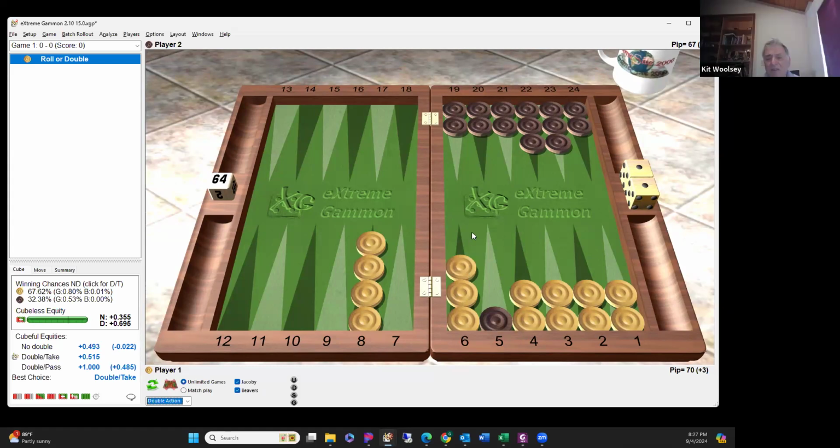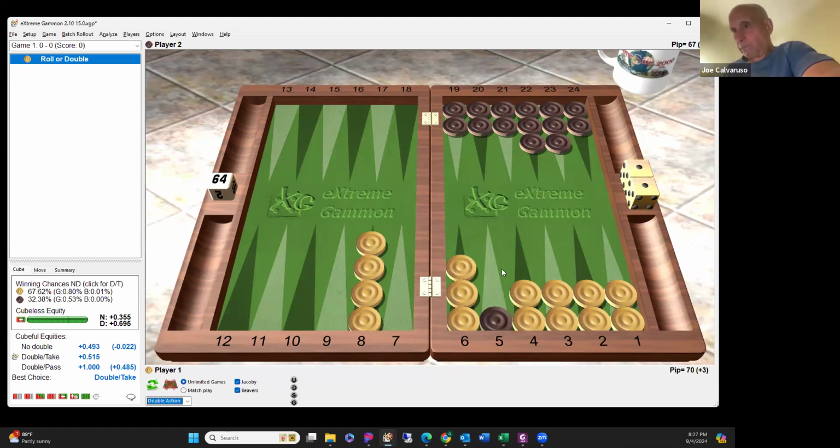The thing is, due to the open 5-point, black is significantly ahead in the race. Because white hasn't filled the 5-point, that's a liability also. If you remember the Keith count, there's a penalty if you have any open 4, 5, or 6 points.